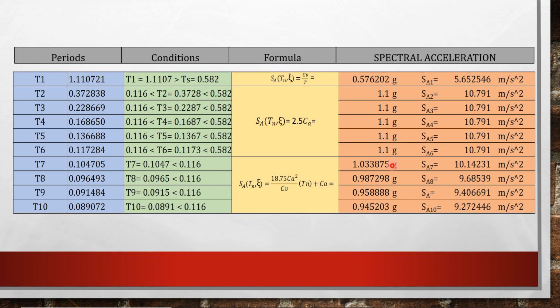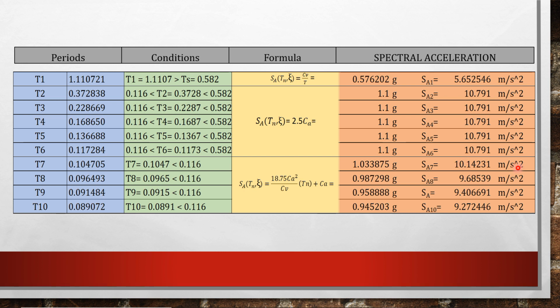So, ang result, 1.033875 G. So, final spectral acceleration natin for T7, for mode 7 is equals to 10.14231 meter per second squared.